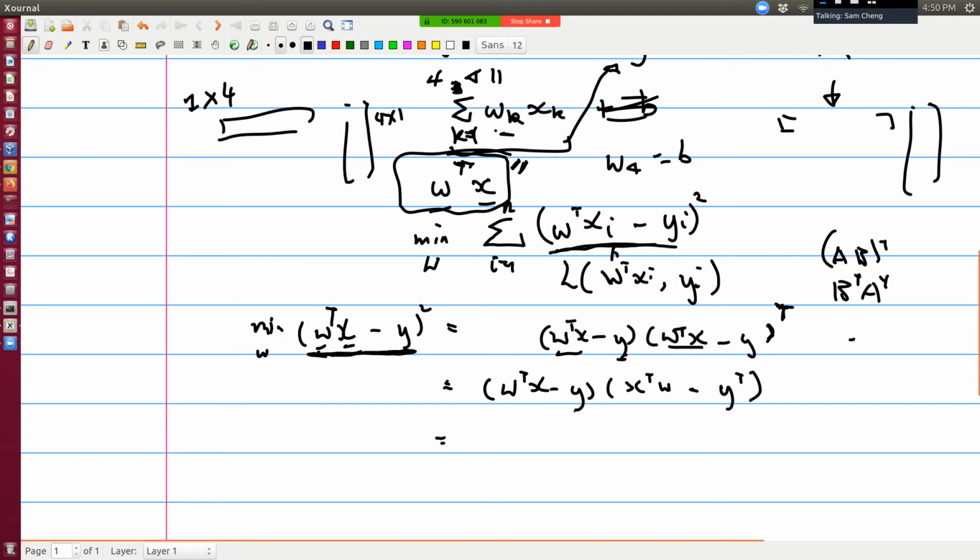Then I expand this. I have w transpose x transpose w, minus y x transpose w, minus this multiplied by this, w transpose x y transpose, plus y transpose y.